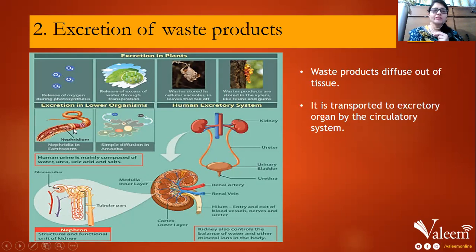In earthworm, nephridia is present, which is responsible for the removal of waste product. And if we are talking about the human excretory system, that is the kidney, the urinary bladder, and urethra. Basically, our kidney plays a very important role in the removal of waste product. The kidney maintains the check and balance of water and certain minerals during this process.